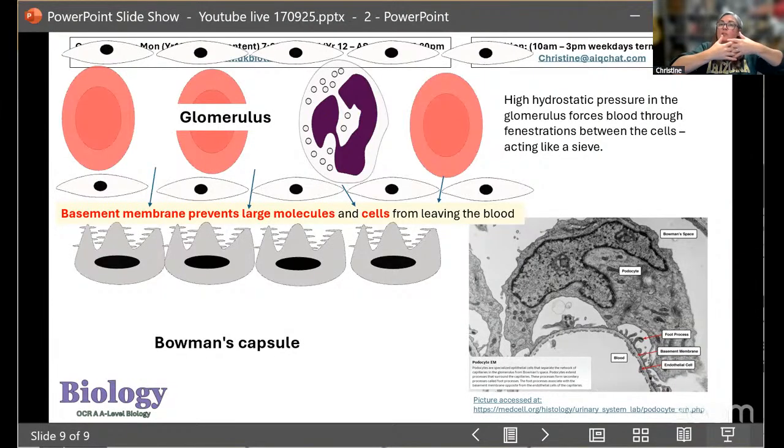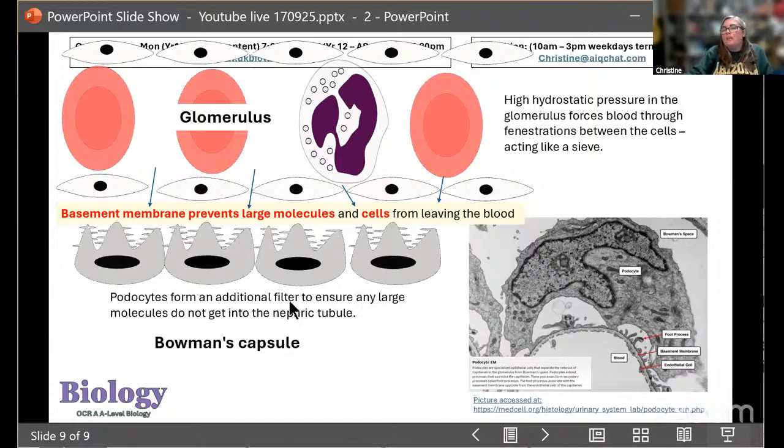So I think maybe what they're saying is if I were to increase the gaps between my fingers, larger molecules will be able to squeeze through. So the podocytes are a filtering barrier to actually stop the substances from getting into the Bowman's capsule.